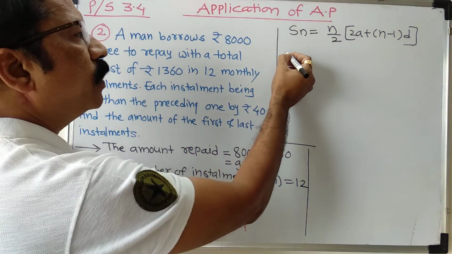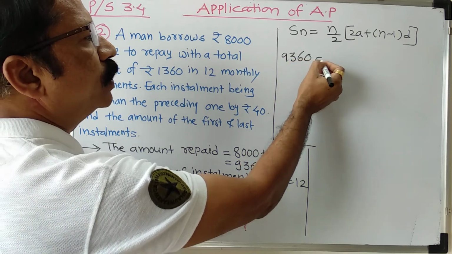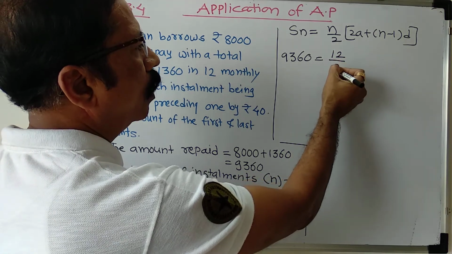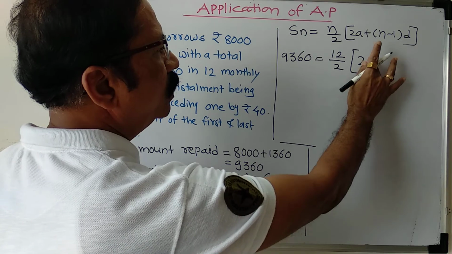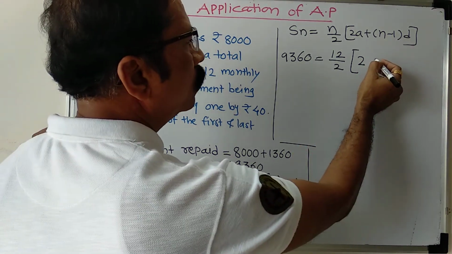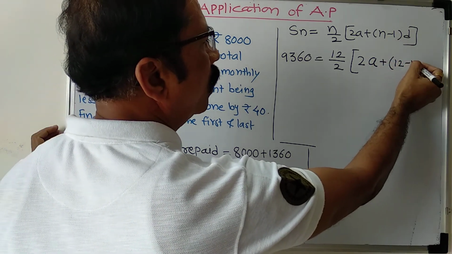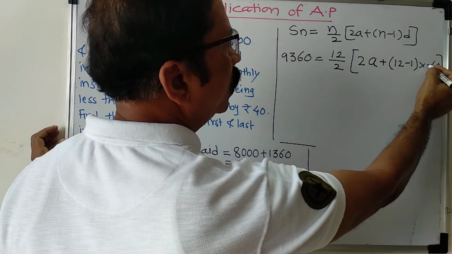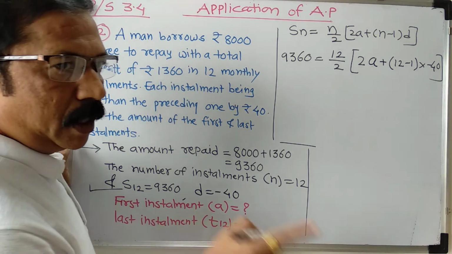So 9360 equals n, the number of installments, 12 upon 2, into 2a, which will remain as it is, because T1 is not known, plus 12 minus 1 into d, which is minus 40, because each installment is less by 40.